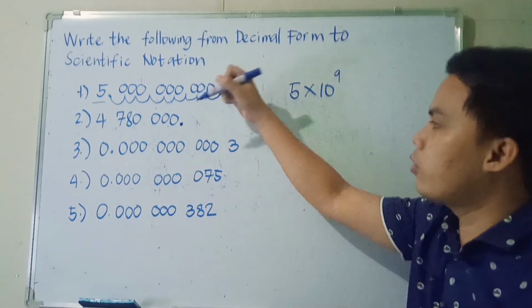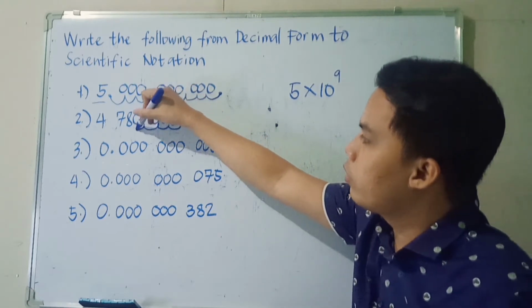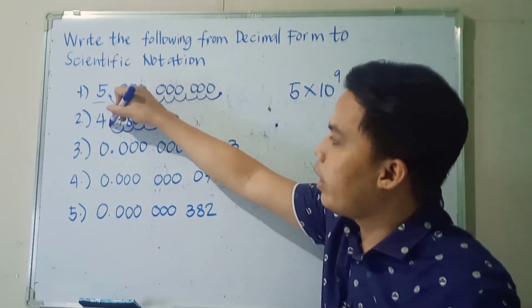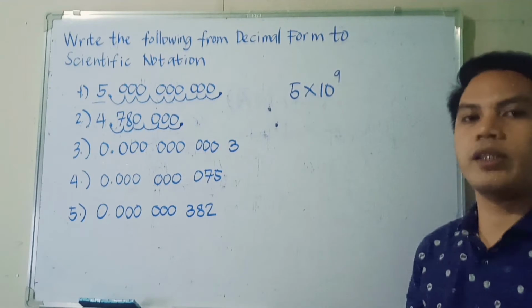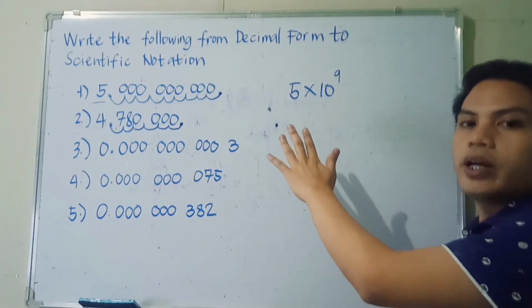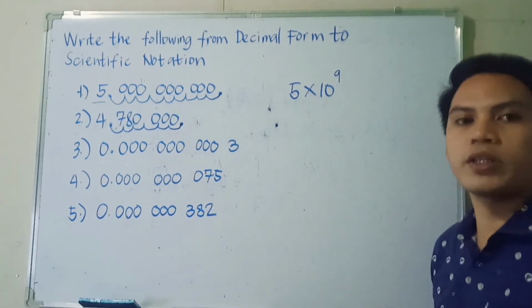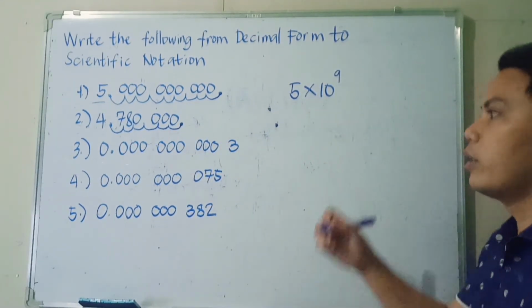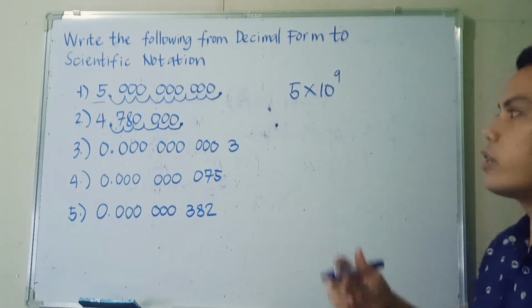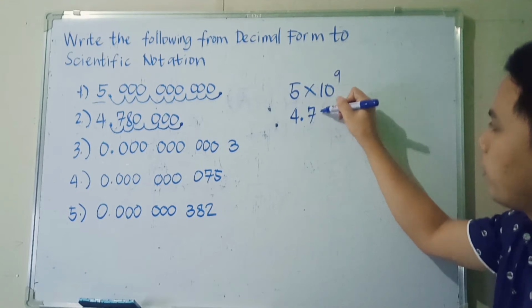Okay? Now, let's count the decimal places. We have 1, 2, 3, 4, 5, and 6. So, we're going to write now yung mga significant figures only. Tatanggalin na natin yung mga zeros after the whole numbers kasi nga hindi na sila significant digits. So, we have 4.78.